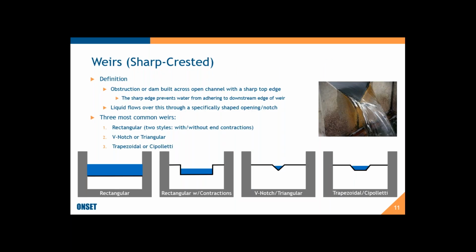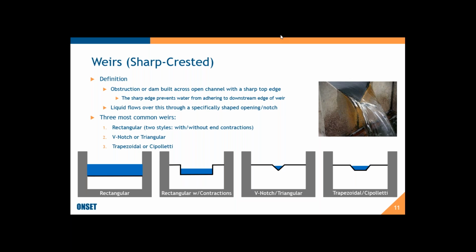So first, I'm going to talk about weirs, probably the simplest way of measuring flow, and we see these all around us. Basically, it's an obstruction, a barrier that goes across the stream or river, and it's got a sharp edge on it. And that sharp edge is important for preventing the water from adhering to the downstream edge.